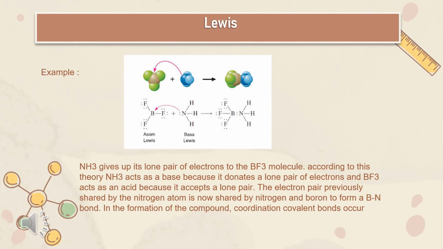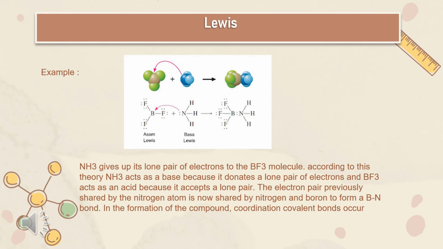And this is an example from the opinion of Lewis. NH3 gives up its lone pair of electrons to the BF3 molecule. According to this theory, NH3 acts as a base because it donates a lone pair of electrons, and BF3 acts as an acid because it accepts a lone pair of electrons from NH3.